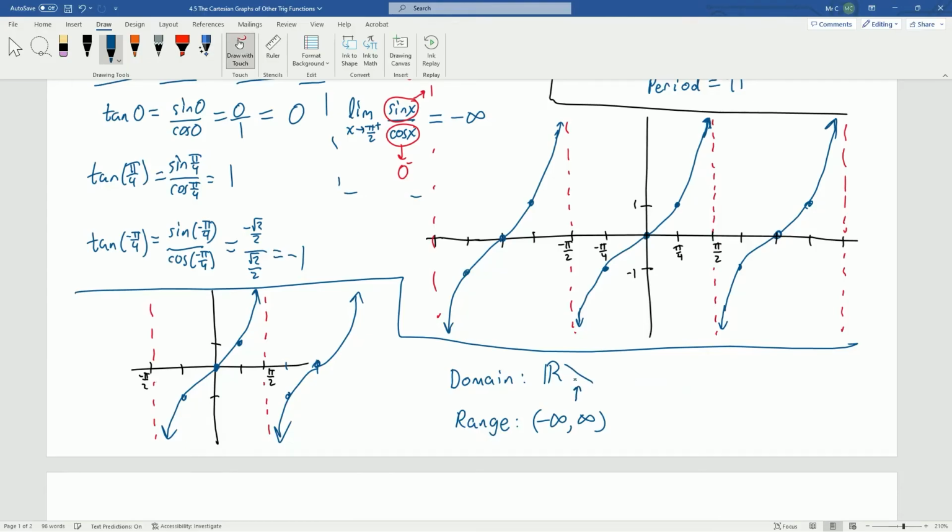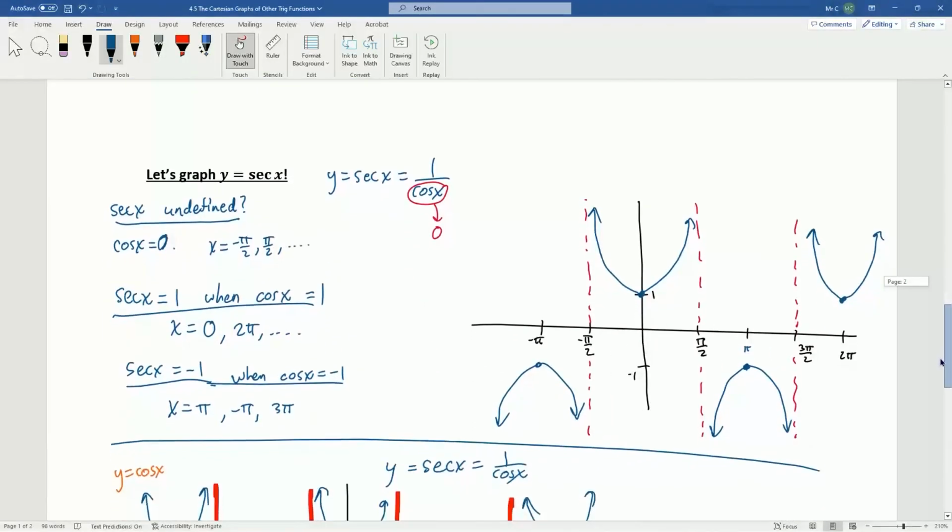So all the real numbers except any pi over 2 plus any integer multiple of pi, right? So in other words, the domain for tangent is everything except for pi over 2, negative pi over 2, 3 pi over 2, and so forth and so on. All real numbers except pi over 2 plus multiples of pi.